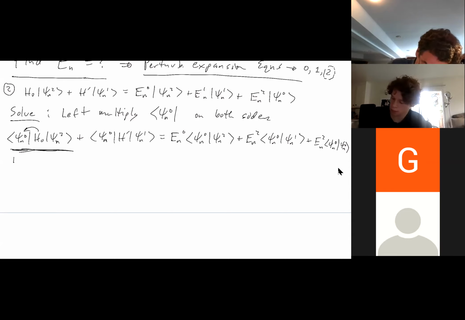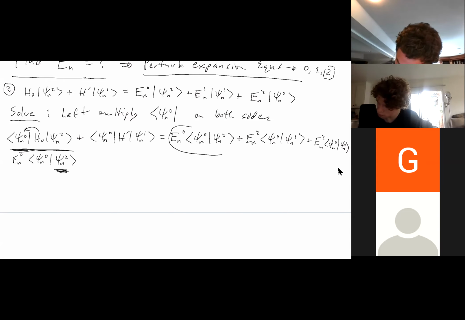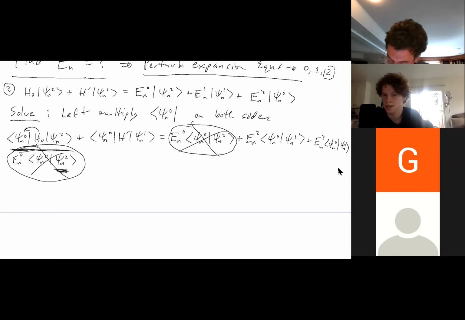So this term will be E n naught times psi n naught psi n 2. Now you might be thinking, oh my God, how do I know what psi n2 is? The second order correction to the wave function, which is an incredibly complicated formula. But we don't need to know it because I have the same term on the right-hand side and I have the same term on the left-hand side. So what does that mean? Those terms cancel. Yay.